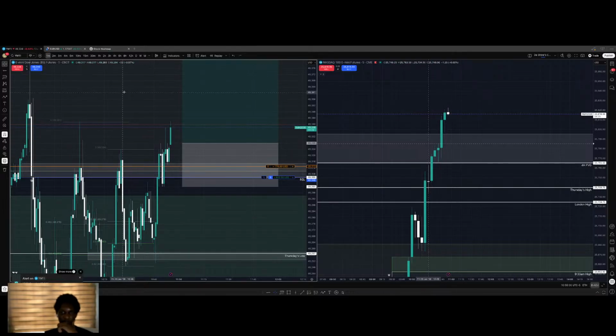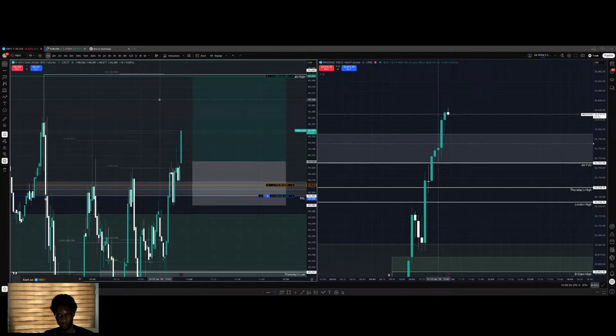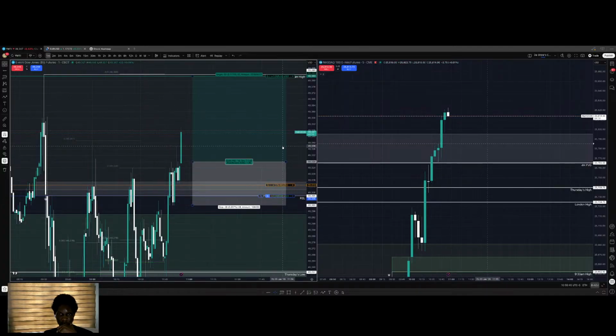So we've reduced the risk. Let's see what price does. Now we're currently risking nothing on this trade. Aiming for here.